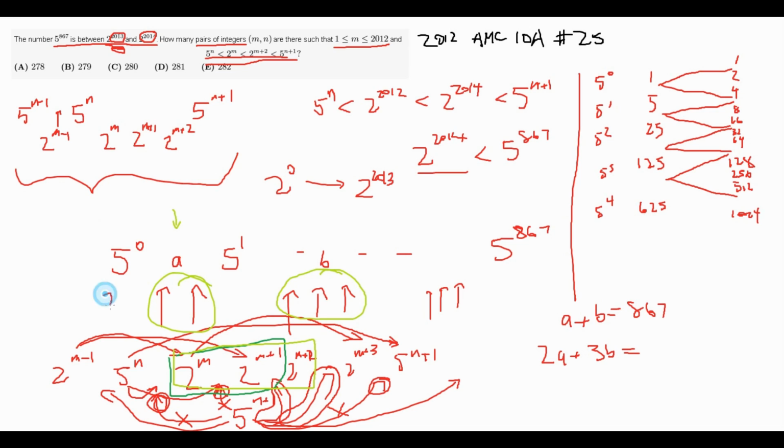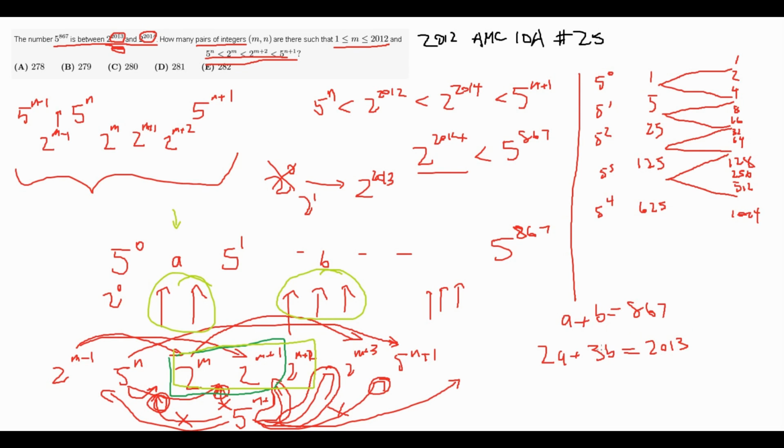So 2 to the power of 0 is all by its lonesome right here, along with 5 to the power of 0. But everything else is actually between the powers of 5. So 2 to the power of 0 doesn't work, so it's actually between 2 to the power of 1 and 2 to the power of 2013. So 2A plus 3B is equal to 2013.